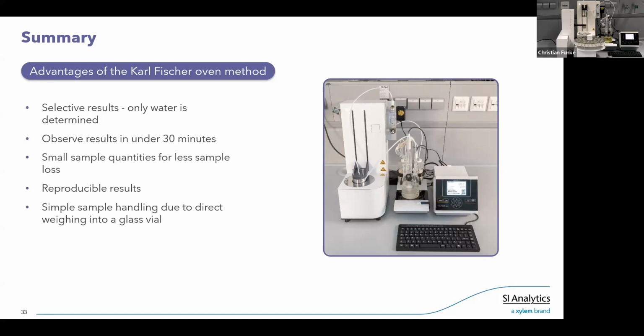We have smaller sample quantities compared to the pharmacopoeia method, and the results are very reproducible. The sample handling is quite simple. You just have to grind it, weigh it into the vial, and then everything is closed, with no exchange with the ambient air, and it can then be easily measured.